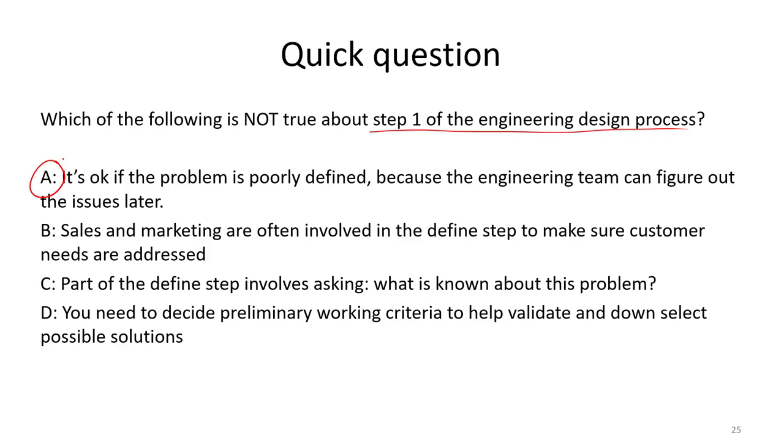If your problem is poorly defined, we saw that could lead to cost and delays and other problems. We want to make sure that our whole team understands what the problem is that we're trying to solve. So the incorrect statement is choice A.